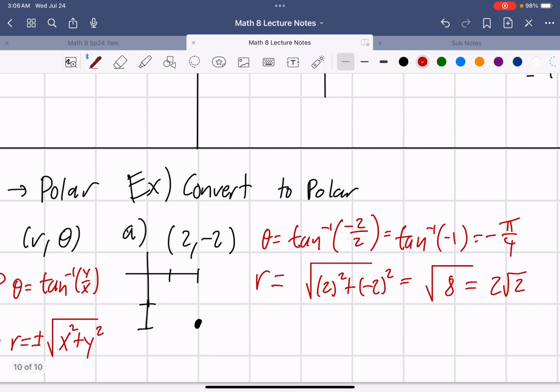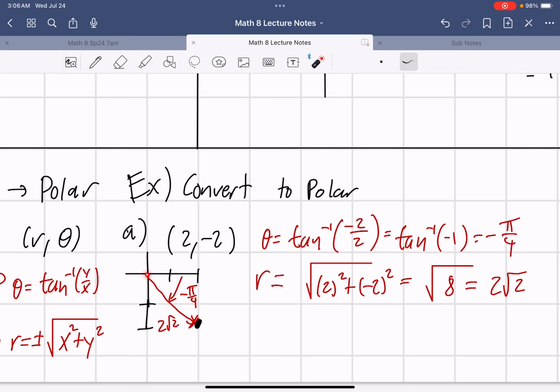Luckily, we can just go negative pi over 4 and go as far as 2 root 2. But when I do negative pi over 4, I'm facing towards quadrant 4.